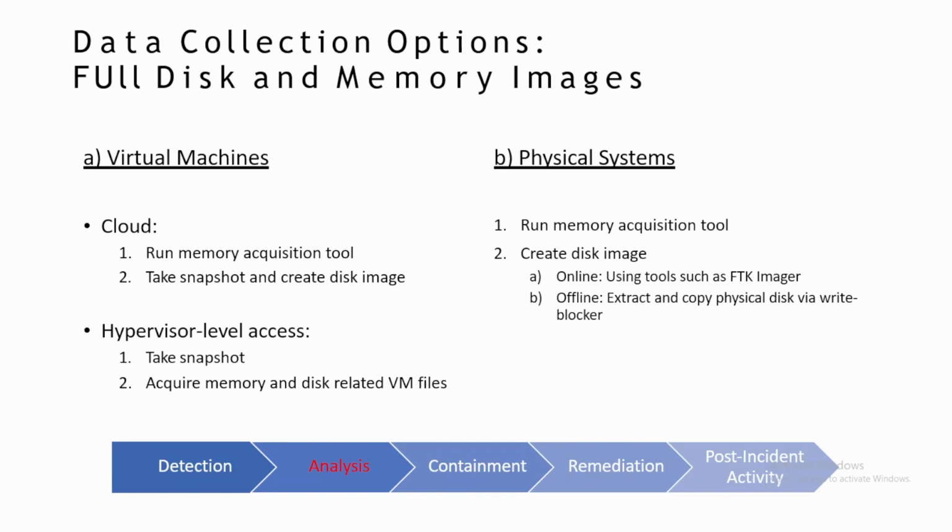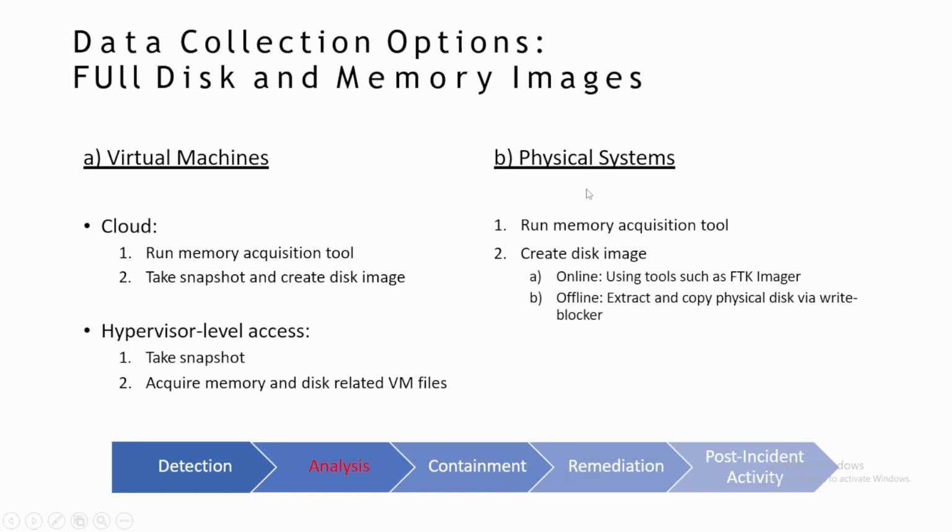Or if you have hypervisor level access, it's easy. You take a snapshot, or you acquire the memory and disk related VM files. So that's the easiest one. But in the cloud environment, make sure you verify the existing tools and learn how to use them to collect the artifacts from your cloud VMs.